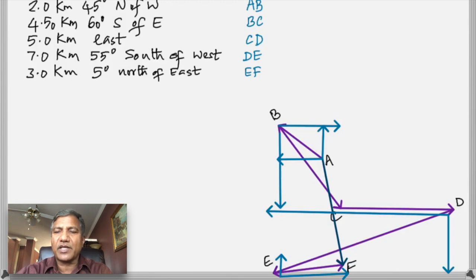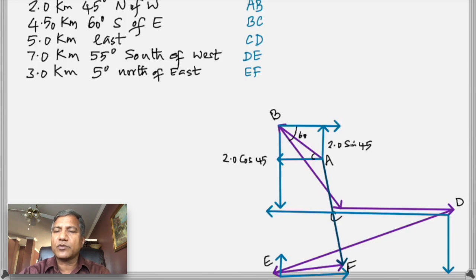So since you take the angle with the x, that becomes 2.0 cosine, and this becomes 2.0 sine. So here are the numbers that I'm writing now: 2.0 sine 45, and then 2.0 cosine 45. Do the same thing with the other ones.